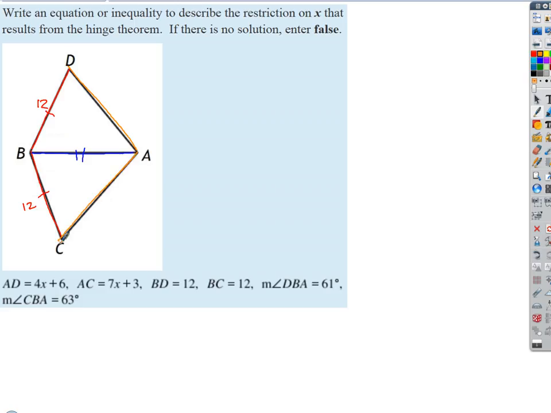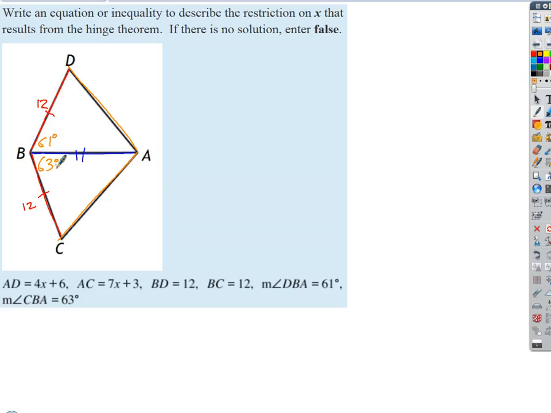Okay, how are we going to know which rubber band is stretched more? Where do we always look to see which one's stretched more? The angle, sure. So if angle DBA is 61 degrees, and angle CBA is 63 degrees, then which one's going to be longer? Yeah, AC's got to be longer, doesn't it? Right?